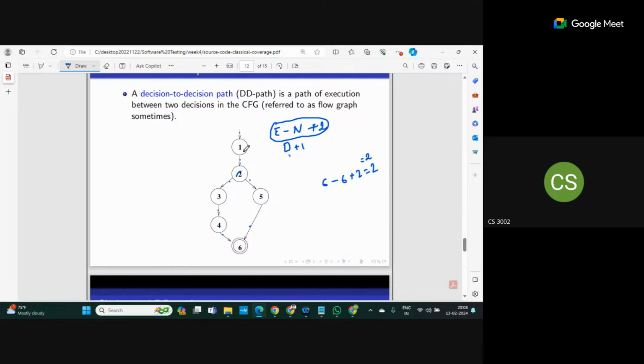As per the algorithm, suppose I have to go from 1 and reach 6. Suppose I go this way, so this is a new path, definitely. Now, do I have more paths to reach from the starting node to the end node? I can go this way. So I can find two independent paths. Let me put the two independent paths.